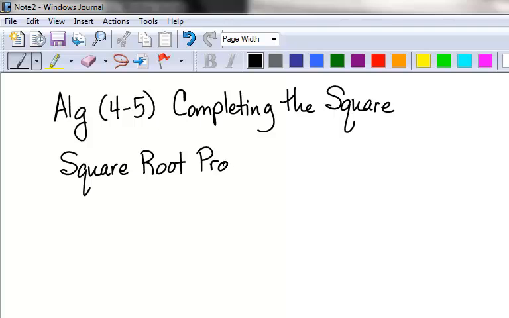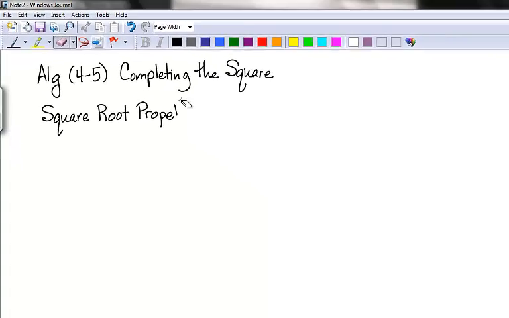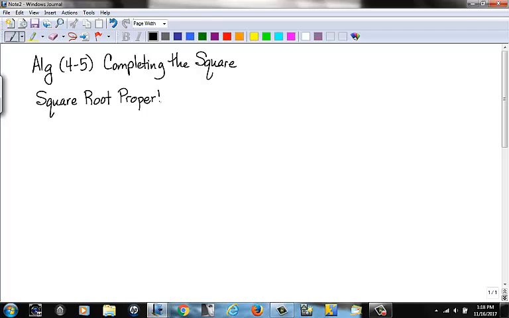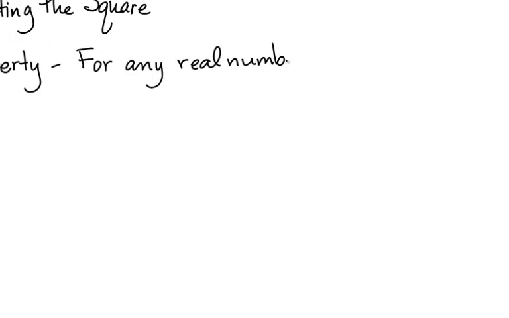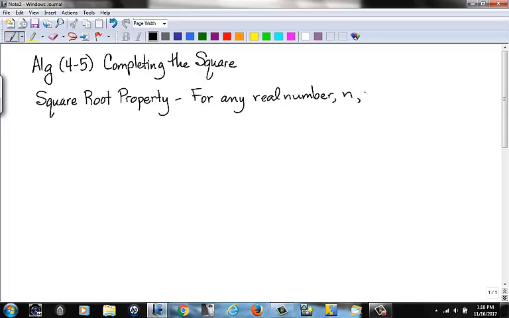And you can solve equations by using the square root property, or you can solve by factoring. Okay, the square root property says for any real number n, if x squared equals n, then x equals... basically what they're doing is they're going to take the square root of both sides.